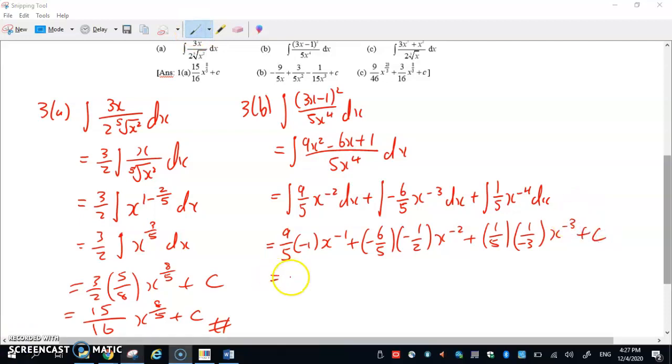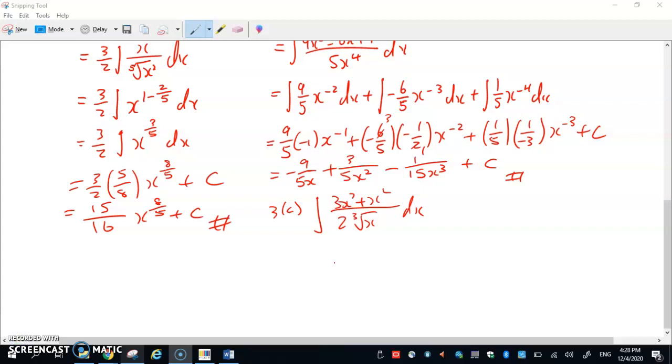And what we get is negative 9 over 5x. Minus times minus gives a plus, so positive, and cancel, that's 3 over 5x squared, then negative 1 over 15 x to the power 3, plus c. And that's your answer.